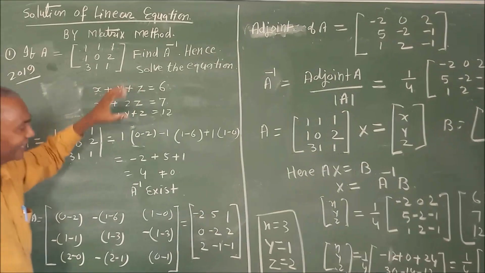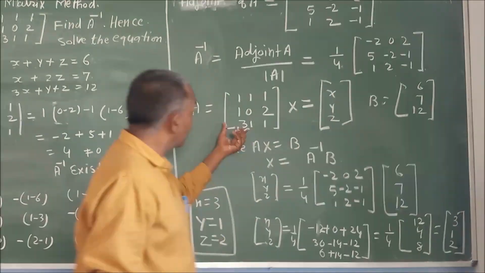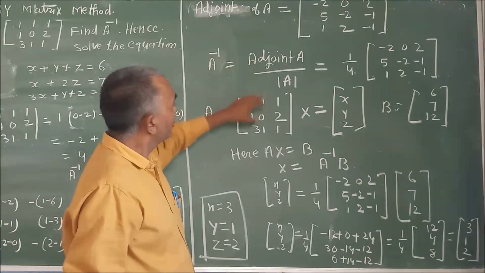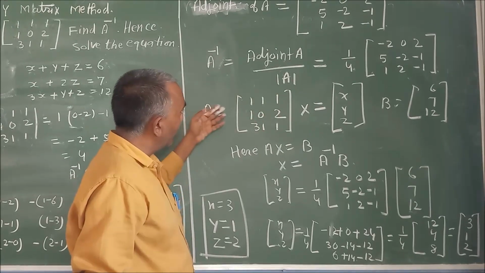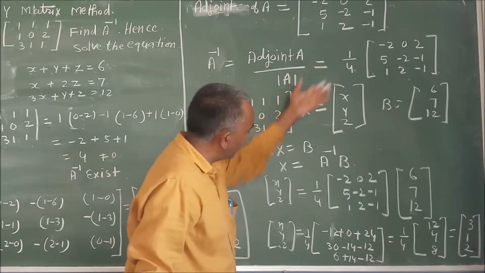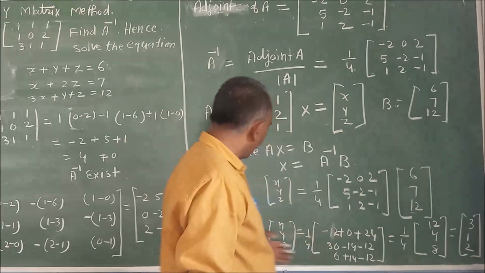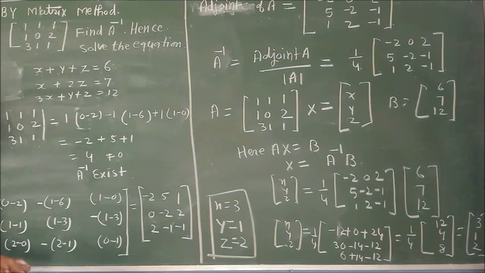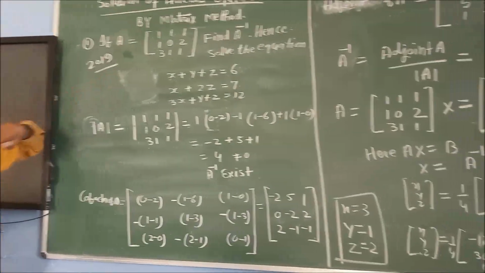If it is the same, then we use the value of A inverse here. If it is not the same, then try to change the terms. Here it is the same, so we use A inverse, write its value and multiply B, and we get the value of X, Y, Z. I hope it is clear for you, and you see the steps.